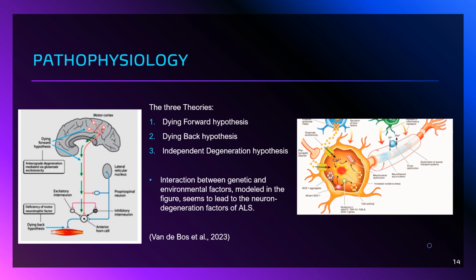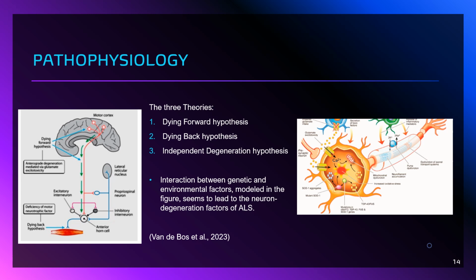So on that motor cortex, going towards the anterior horn cell, which is going towards that muscle. So brain, spinal cord, muscle is essentially what that pathway is. And with both of those features, a hyperexcitability of that pathway, there is neuronal degeneration because there's an excessive release of glutamate, which causes cell death.